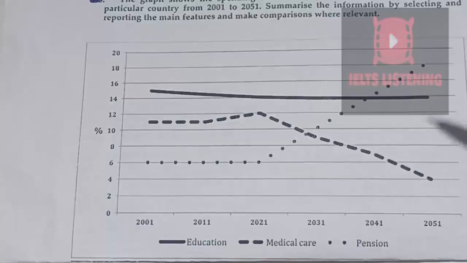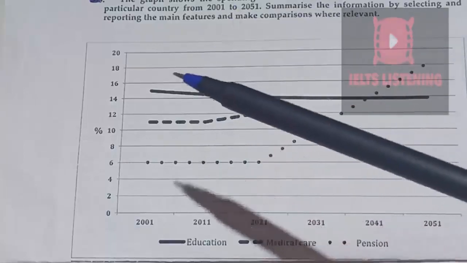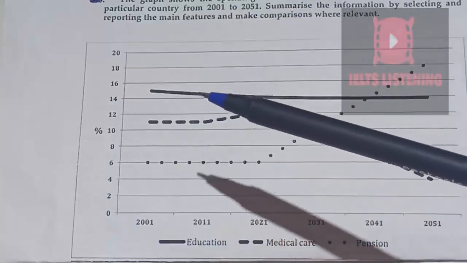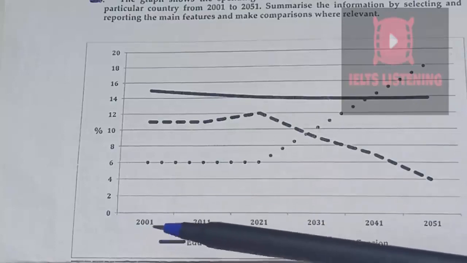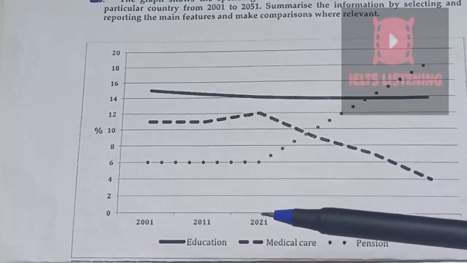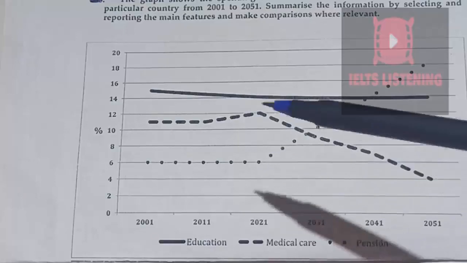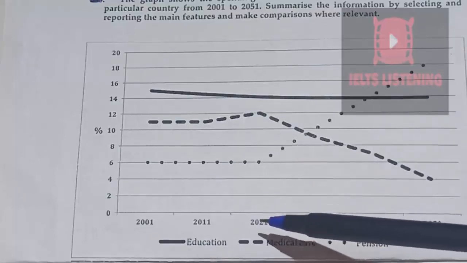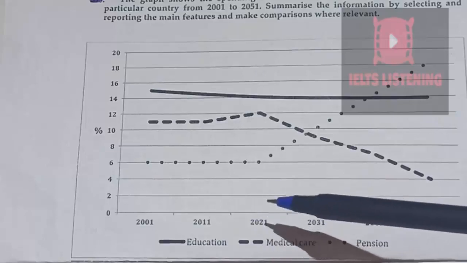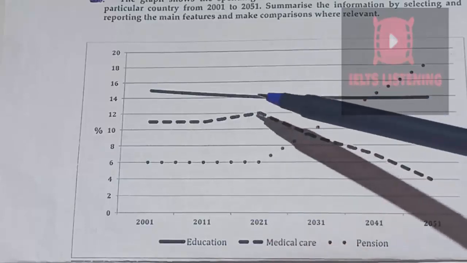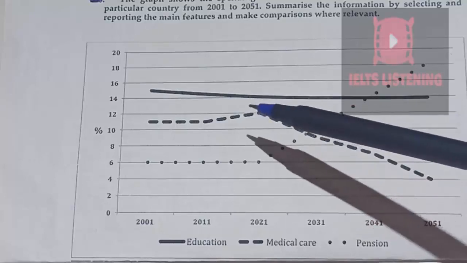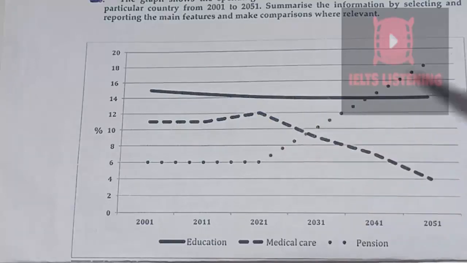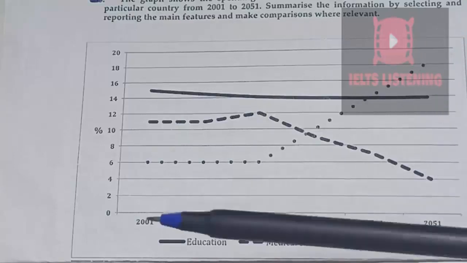It is very clear, and we can see that the highest spending was on education from 2001 until 2021, till this year. We will write it in the present. We are living in 2021, so it dropped to 14% of the total spending, and it will remain constant till 2051.